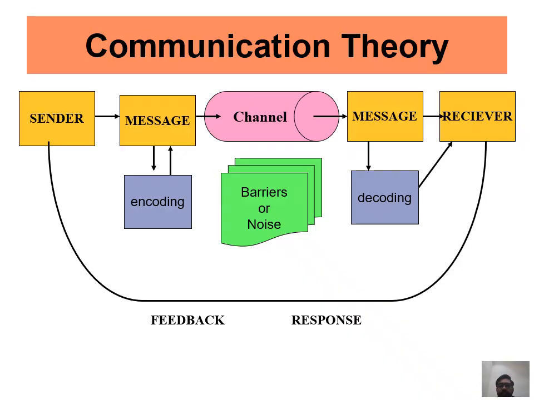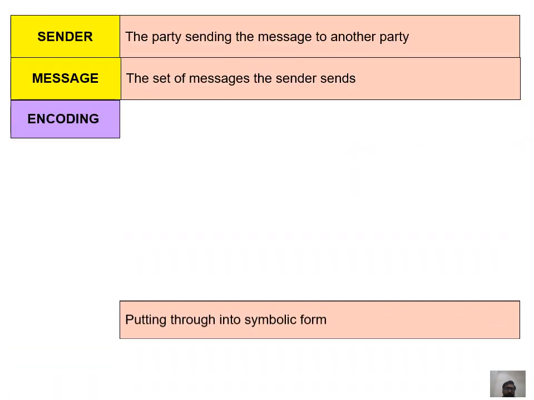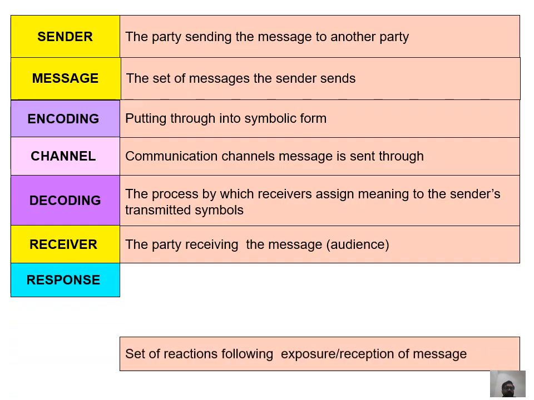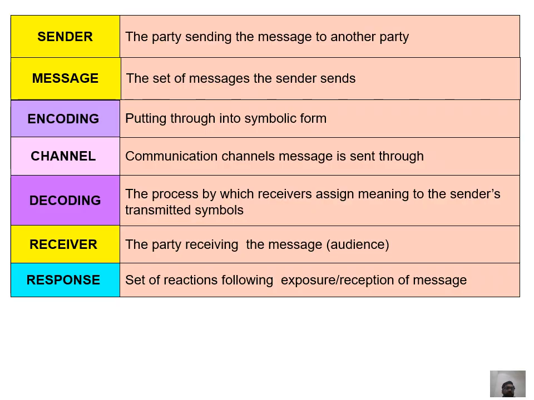And when we talk about the receiver, the receiver further decodes the message. Now, these are the components that we discuss about the integrated marketing communication process or the communication theory. We discuss sender, message, encoding, channel, decoding, receiver, response.